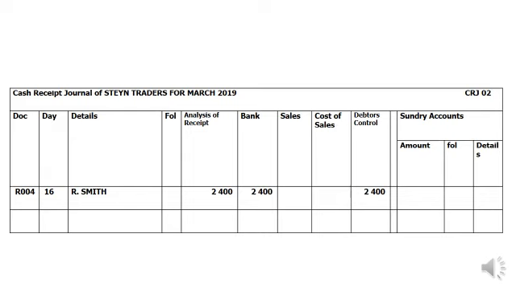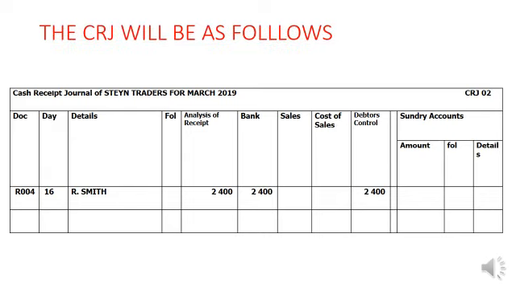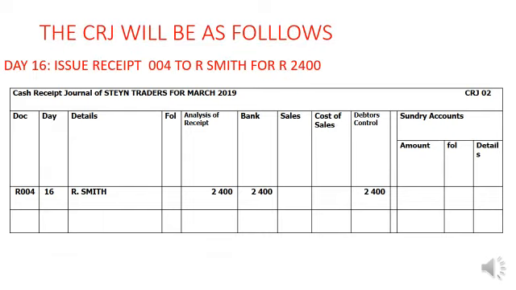Okay, then for day 16, when we now issue the receipt to R. Smith, we are now going to record it in the cash receipts journal, the CRJ. So we come here, we say on day 16, receipt number 4, R. Smith is still the person who gave us the money.